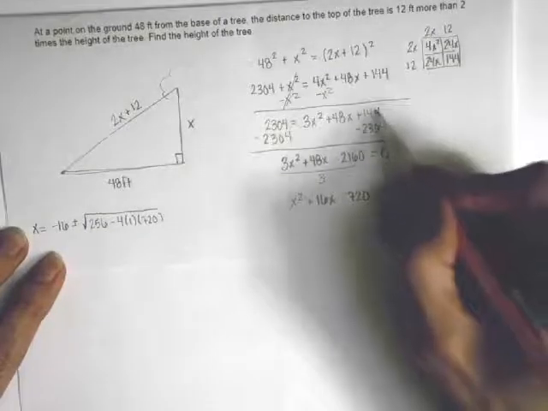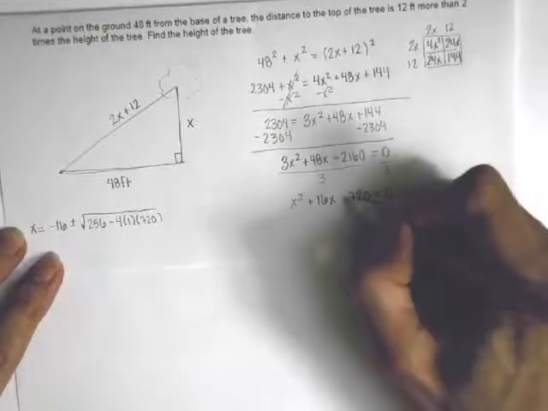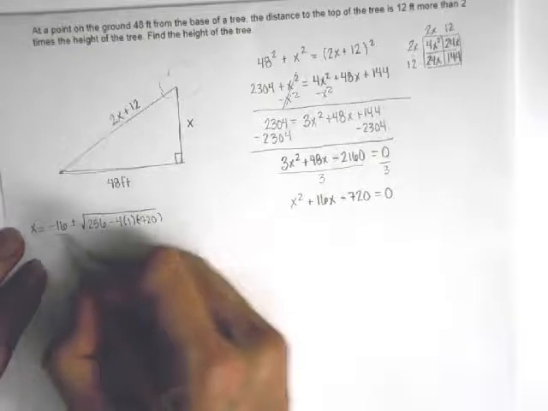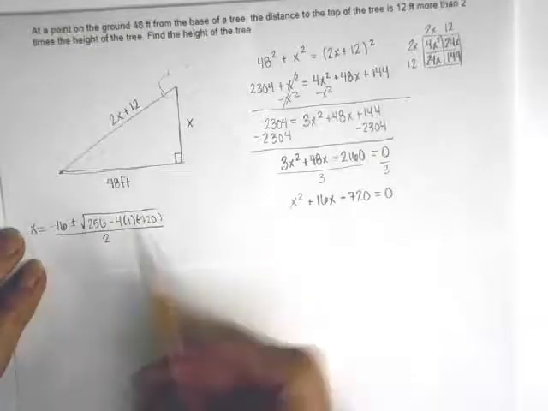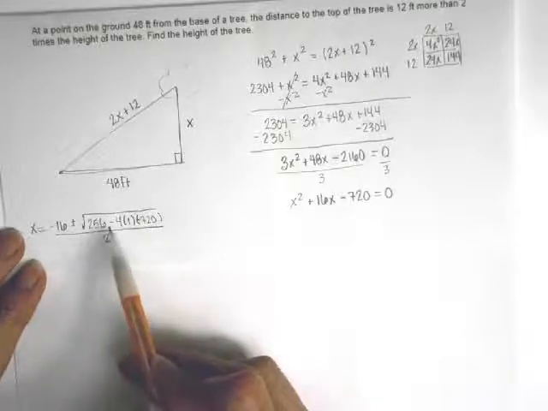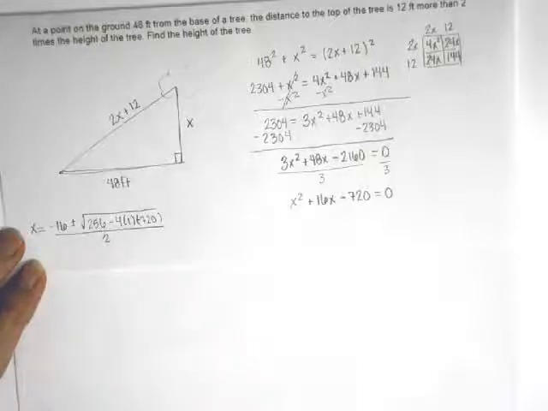That makes this a negative 720. And I'm going to divide that by 2. So when I do this inside part with my calculator, I'm going to take 256 minus 4 times 1 times negative 720.